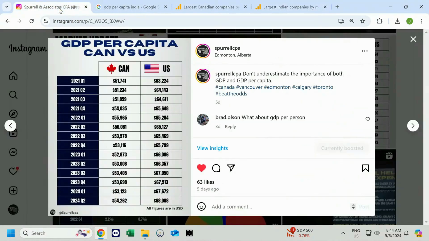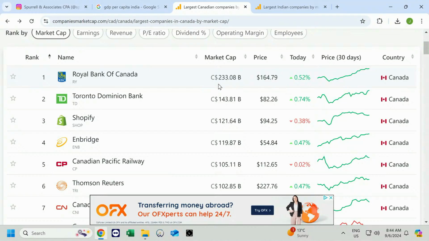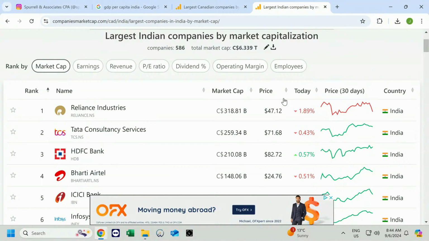So just to recap, the GDP per capita in Canada is $54,000 per person USD. In India, it's $2,400 per person, but our largest company is $233 billion, and their largest company is $318 billion.